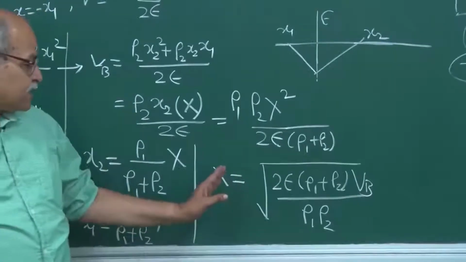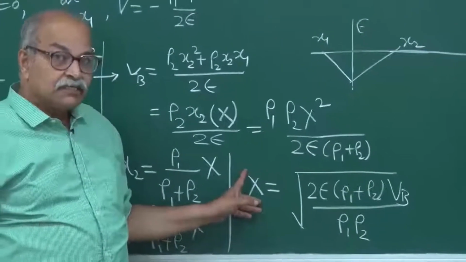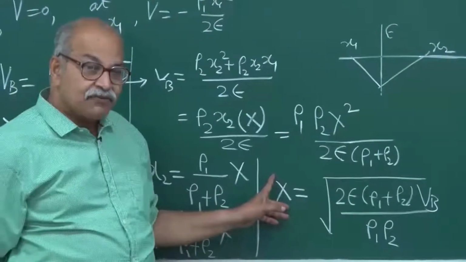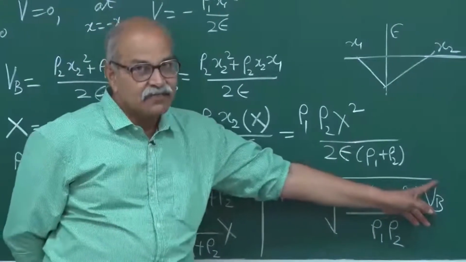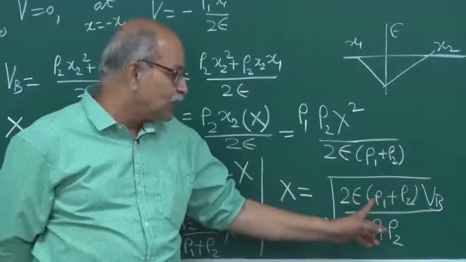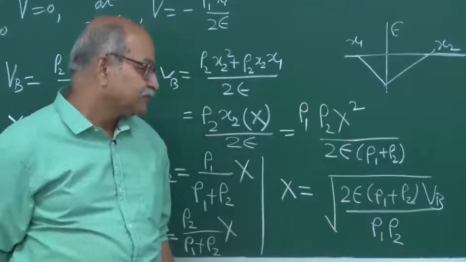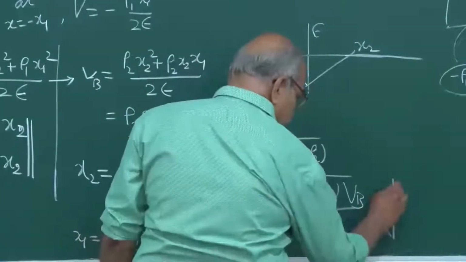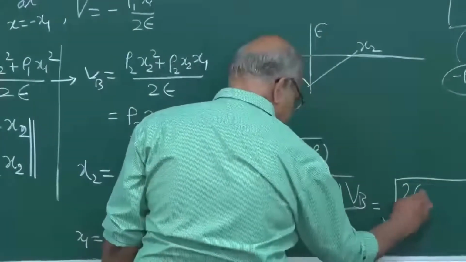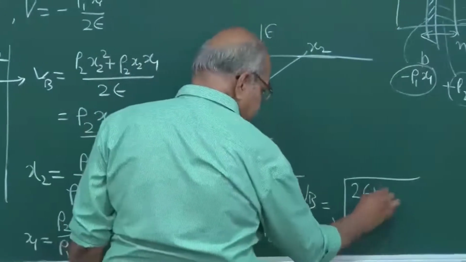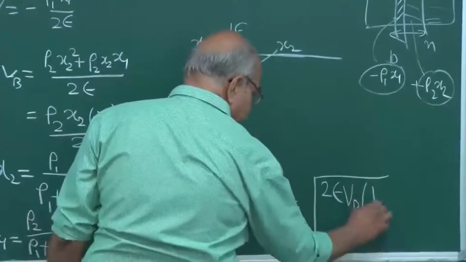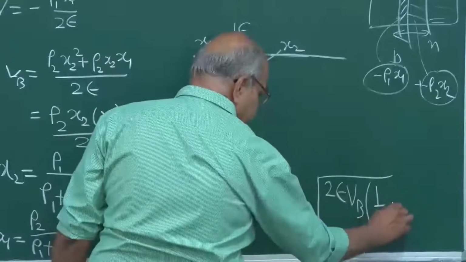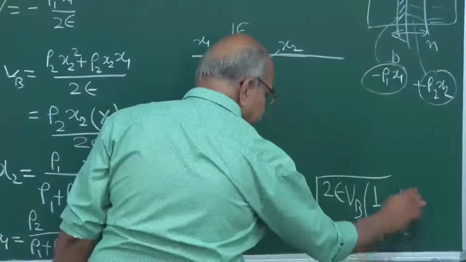So you have a relation between this depletion layer width and this potential barrier, but this rho 1 and rho 2 are coming here. Okay, can write this as 2 epsilon and then Vb and then 1 by rho 1 plus 1 by rho 2.